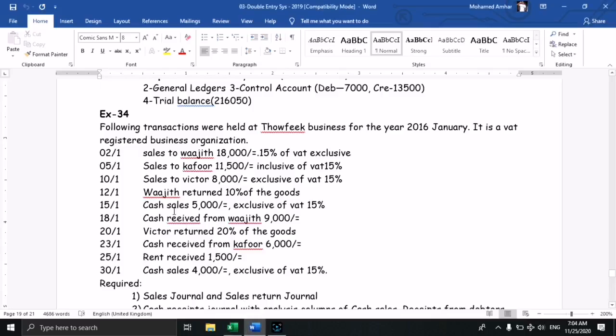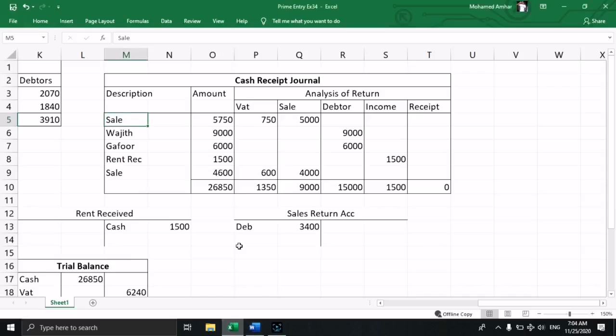Right. Next, date is 18. Cash received from Wajid 9,000. So it also should be recorded in the cash receipt journal.